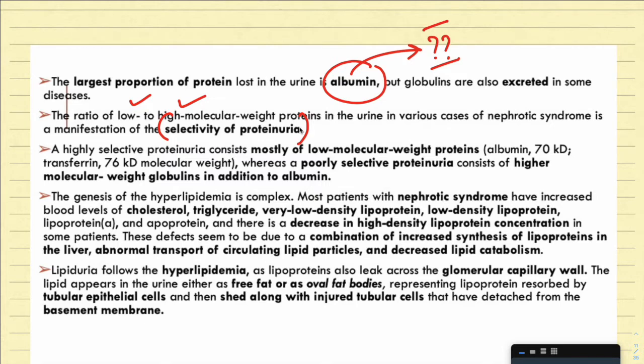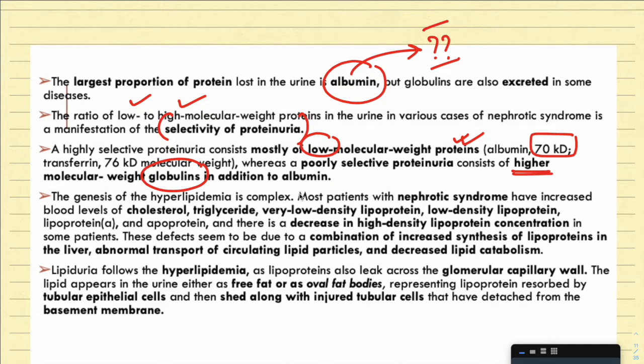If apart from albumin, other kinds of plasma proteins are also lost, then we say it is a non-selective proteinuria. A highly selective proteinuria consists mostly of low molecular weight proteins, that is the albumin, which is around 70 kilodalton in size, whereas poorly selective proteinuria consists of higher molecular weight globulins in addition to the albumin.